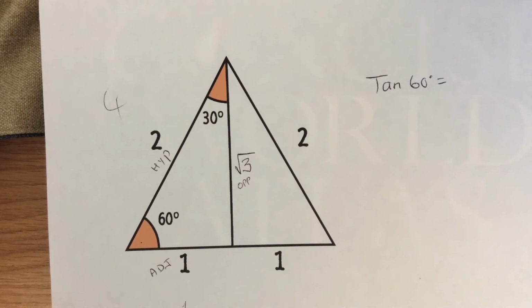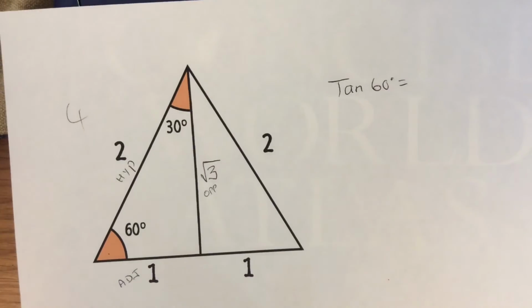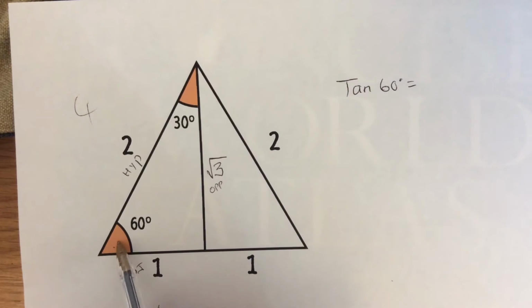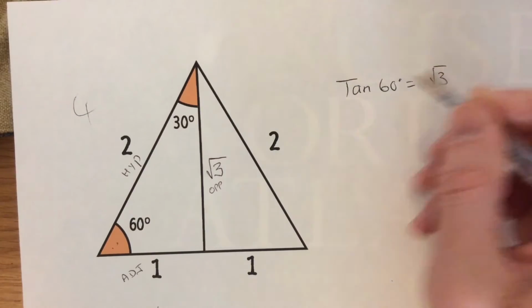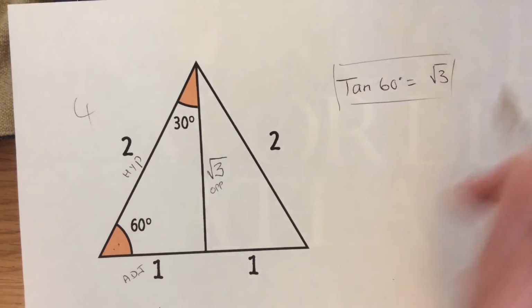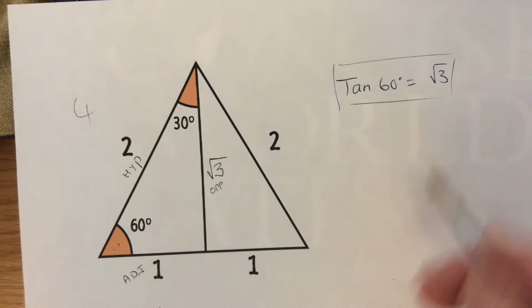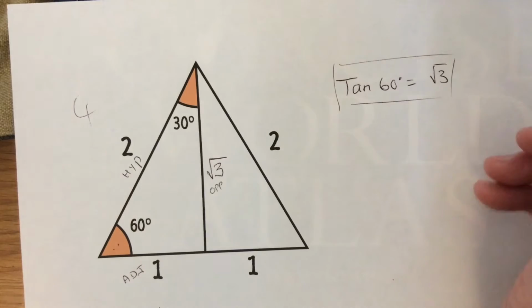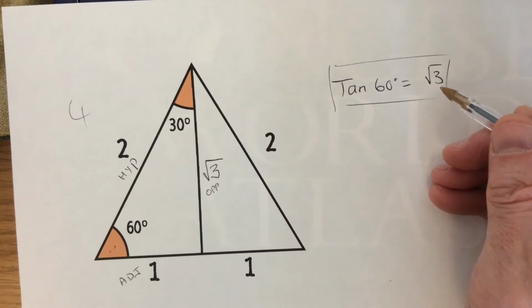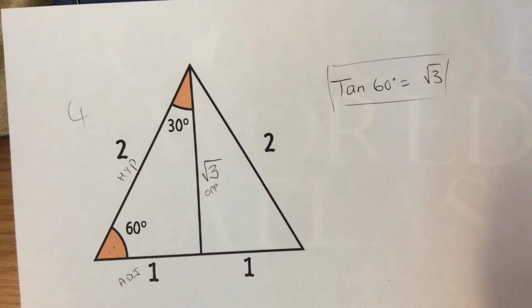Tan is opposite over adjacent. So tan 60 is root 3 over 1, which is just root 3. Have to remember that one. On your calculator that would be 1 point whatever, but we can just express it as root 3. It's an exact value.